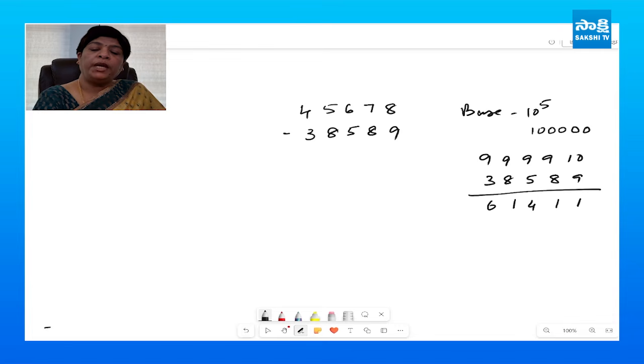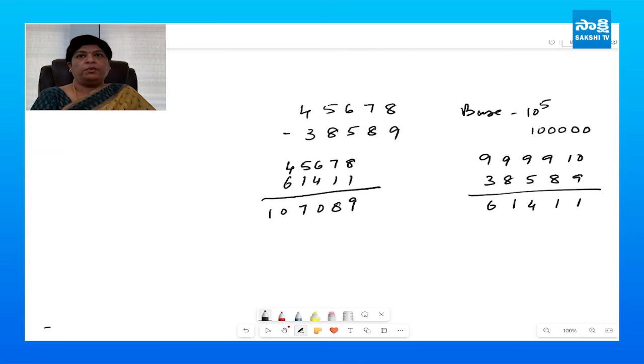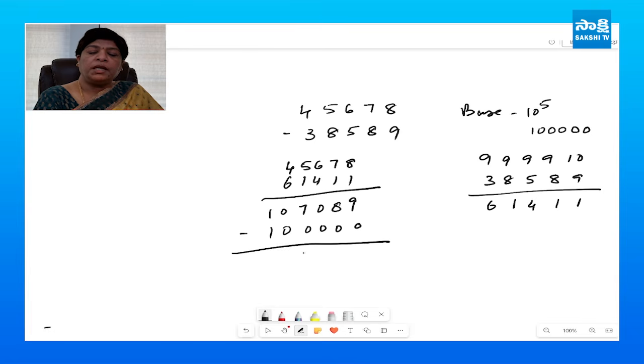The next step would be to add the positive number 45678 and 61411, which gives 9, 8, 0, 7, 10. The next step would be to subtract the base, which is 100000. When we subtract, we get 7089. So when I subtract 38589 from 45678, I get 7089.